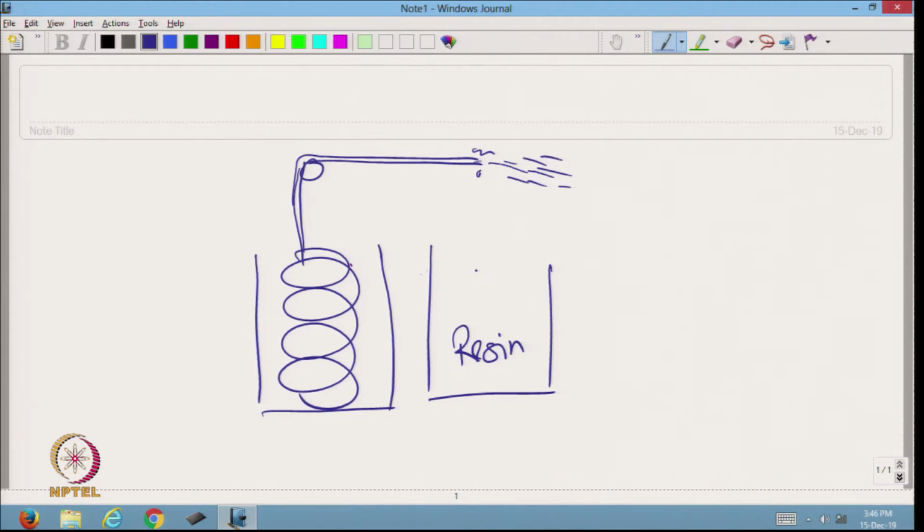This resin is pumped with the help of a pump, and there will be a spray gun, and then there is a mold. Suppose this is the mold, and this is the resin material. They will be mixed here, and the composite will form here.